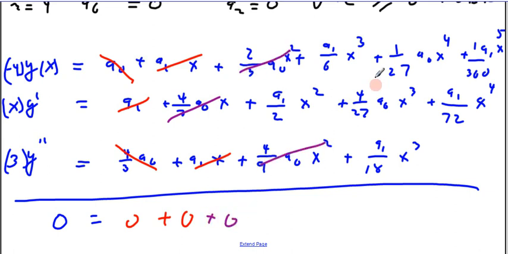Plus 0. The x cubed term, minus 2 thirds, 1/2, and 1/6. So it goes away. And at that point I ran out of terms, but my problem checked. So that is good.